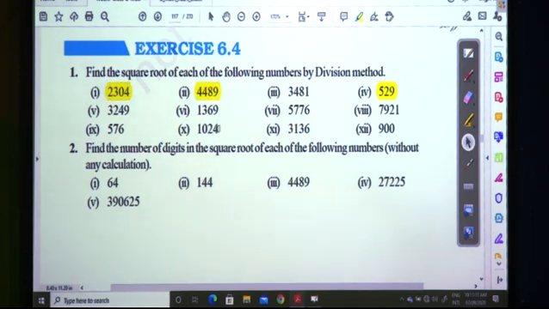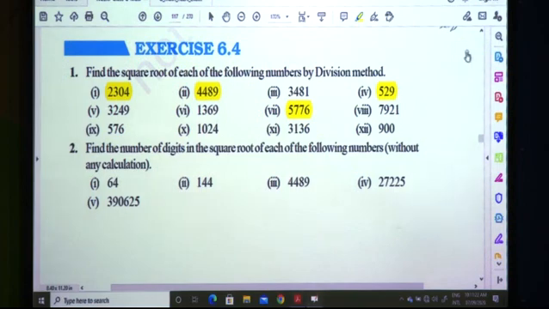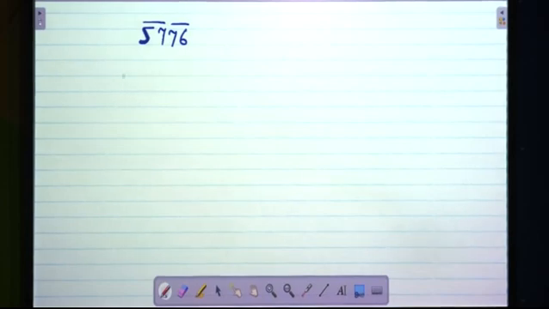Okay. Now, I will do one thing. Randomly, I will solve this 7th question. 5776. Grouping the first 2 digits from the right-hand side, then the remaining 2 digits. Let us do the division. 5776.